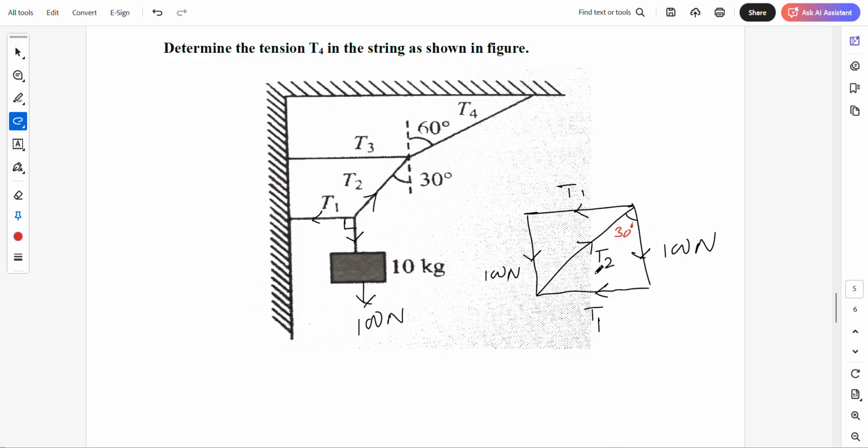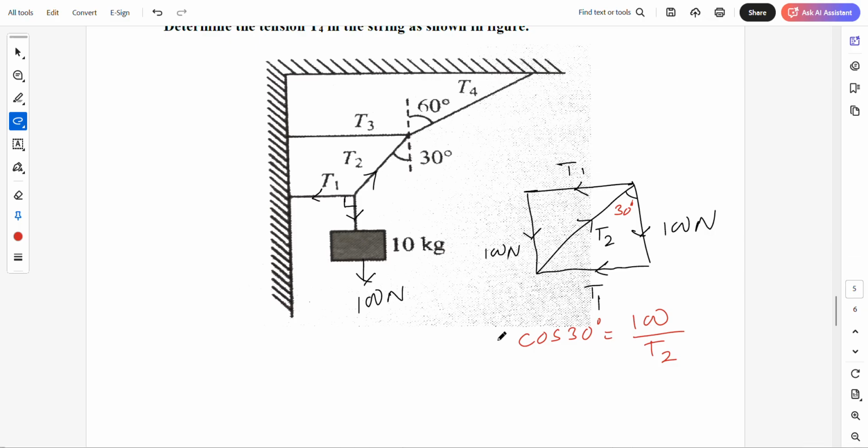Okay, first we calculate T2. How to calculate T2? T2 can be calculated as cos of 30 degree, adjacent by hypotenuse. This is perpendicular by hypotenuse. 100 by T2.